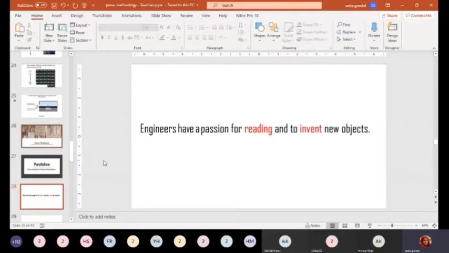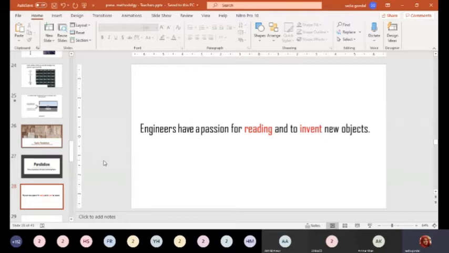Here we have used 2 verbs in this sentence, reading and invent, but the way we have used these 2 verbs is incorrect. Here we have used faulty parallelism while writing. Reading ends with a gerund, that is ing, and here we have used the verb, but we haven't used ing.